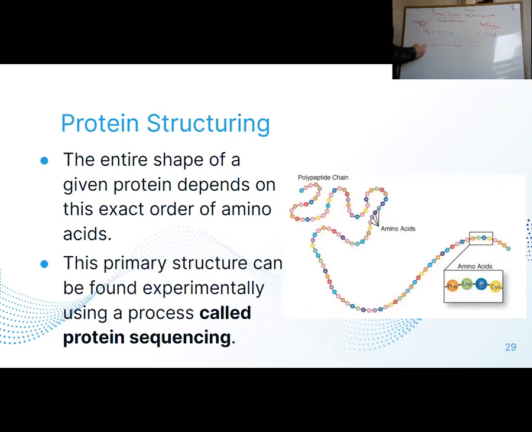So a change in one amino acid can tell the body to stop the production of an embryo. So if it senses there's one amino acid change in this protein, that embryo will no longer be seen as viable. So it's very, very important that the body gets it right.